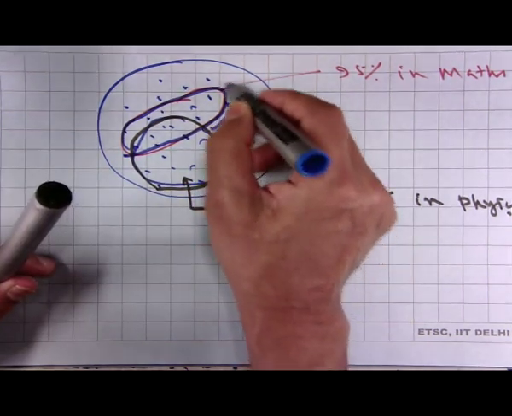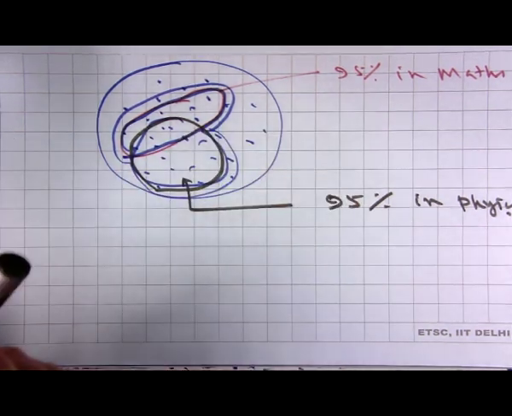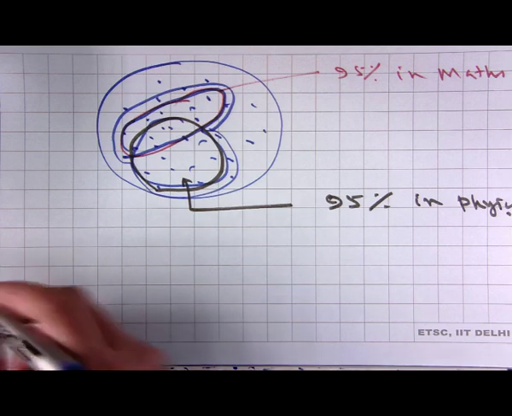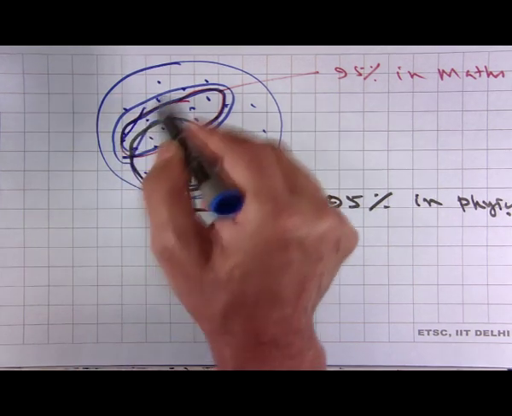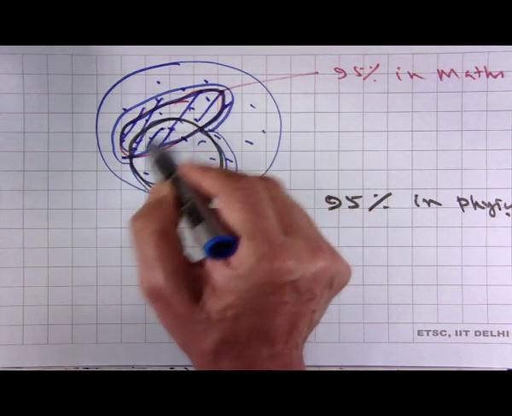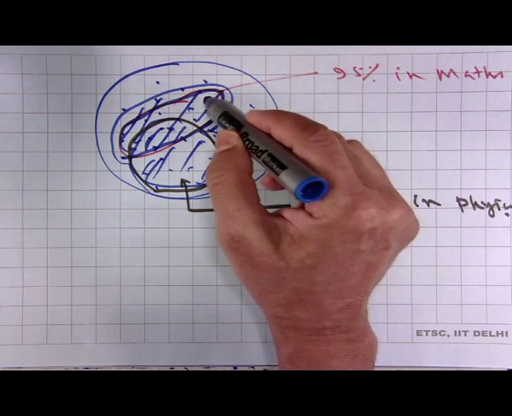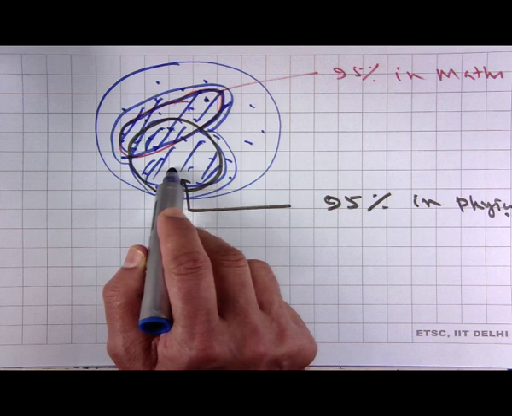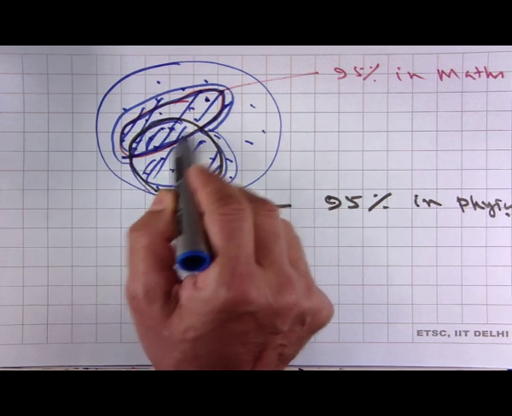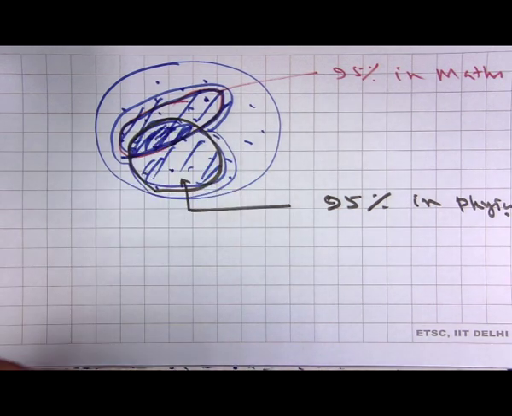Therefore, this entire set of students will be given prize. The entire set is true, which comprises students who have got only 95% in maths, students who have got only 95% in physics, and also the set of students who get 95% in both.